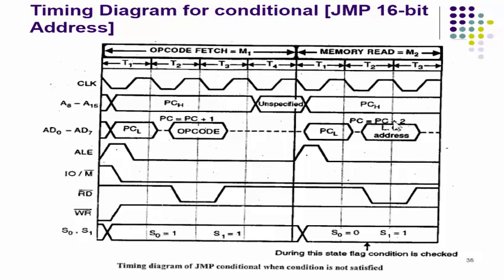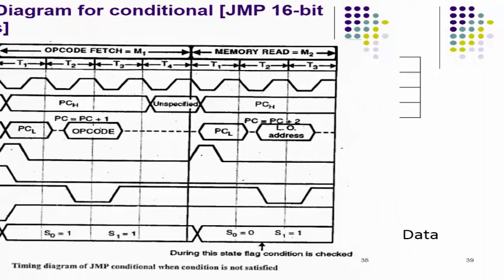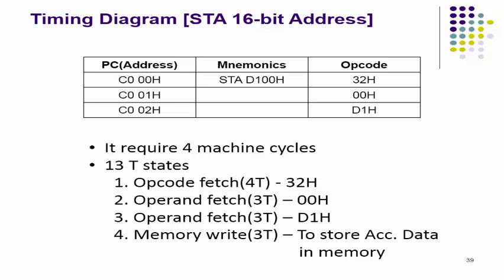Why 2? Because of the 2-byte operand field. Because after 2 memory locations, the microprocessor finds the next instruction. So if the condition is not true, then PC gets incremented by 2 and it will jump to the next machine cycle for the execution.